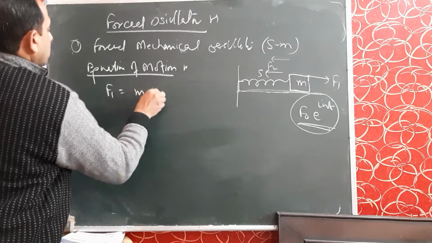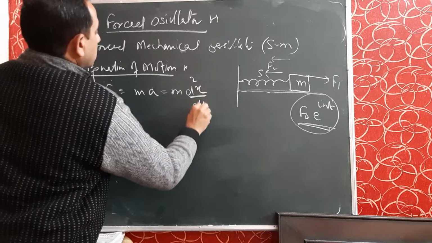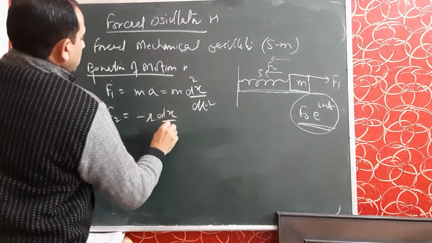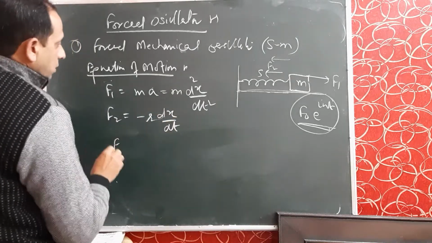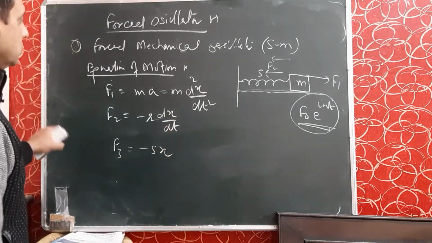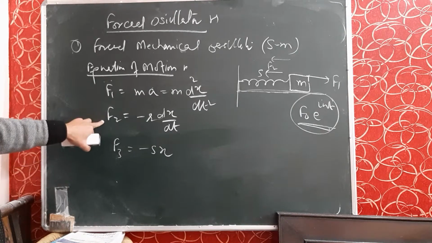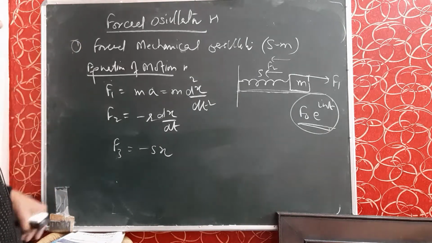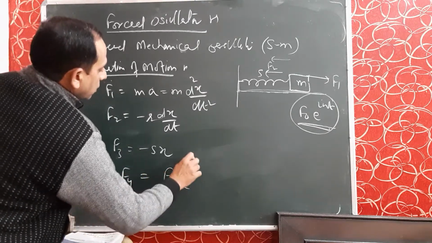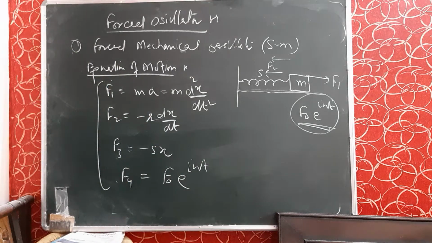F1 is ma, that is m into d square x upon dt square. F2 is minus r dx by dt, and spring force, third force, is minus Sx. So, this is deforming force, this is damping force, and that is restoring force due to spring. But in case of forced oscillator, another force, that is fourth force, e power iota omega t is also applicable. So there are four forces which are acting on the system.